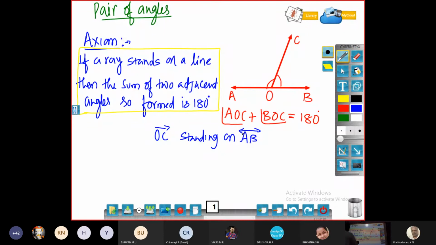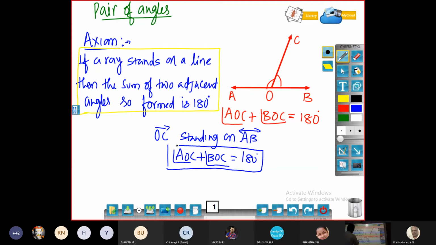What are the adjacent angles formed here? Angle AOC and angle BOC. These are the two adjacent angles. Then these two angles should measure 180 degrees. This is the meaning of this axiom. So you can use this axiom to solve many questions in future.